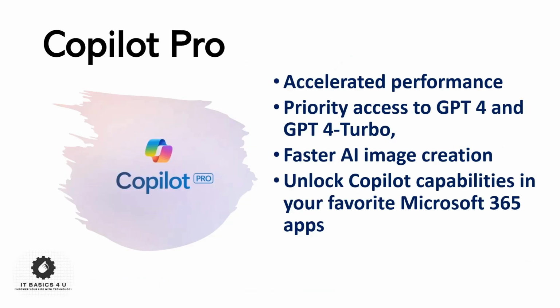Okay, then coming down to Copilot Pro. So now we saw Copilot for Microsoft 365, which was available under your tenancy. Now, Copilot Pro comes with certain additional features, right?